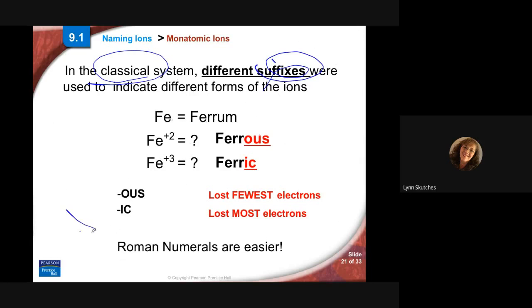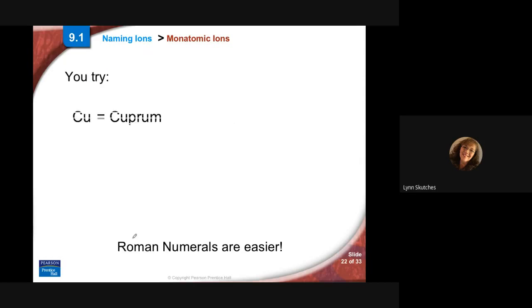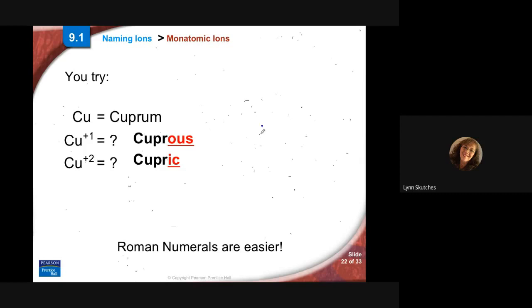Just know Roman numerals make life way easier. You don't have to guess what the charge is. You just look at the numerals. So again, copper is cuprum. It can be +1, which is called cuprous, and +2 is cupric. So for iron, that was the 2 charge and the 3 charge.